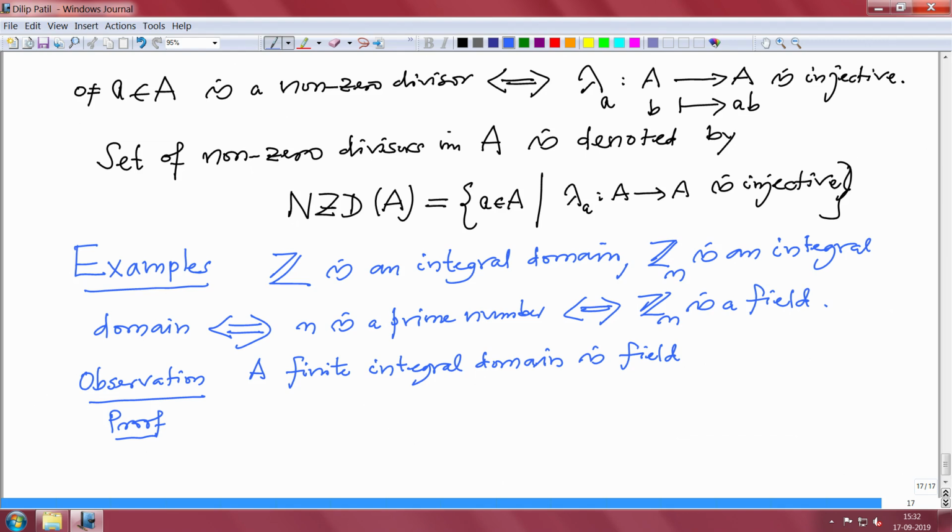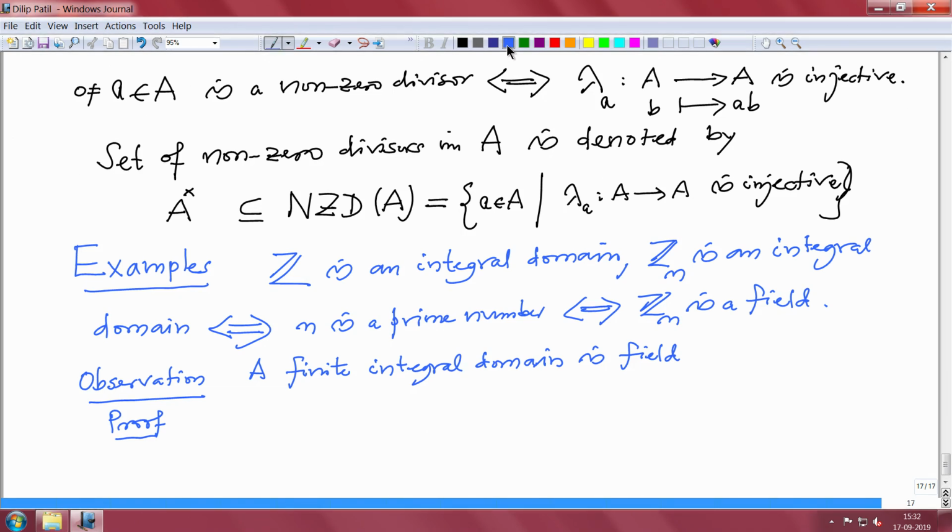I forgot to mention here, the set of non-zero divisors contains the unit group, because any unit is a non-zero divisor. One can see that easily from here.